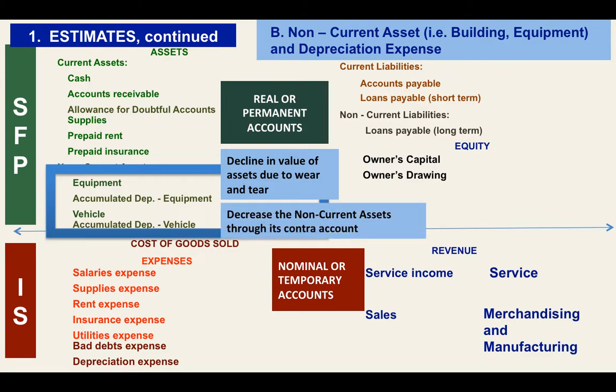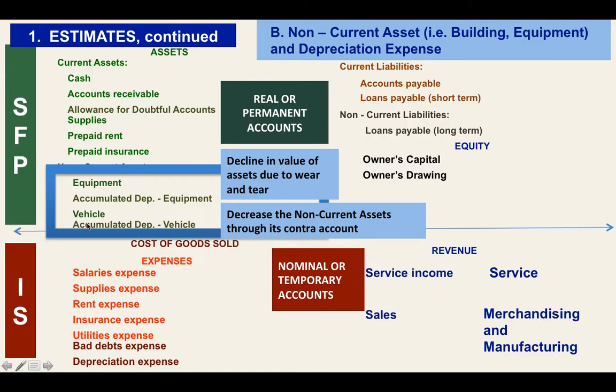So the intention is to decrease the non-current assets through their contra account. Take note, class, the contra accounts have a specific description of the asset. If equipment, its contra account is accumulated depreciation equipment. This is what we use to record the depreciation in relation to equipment.